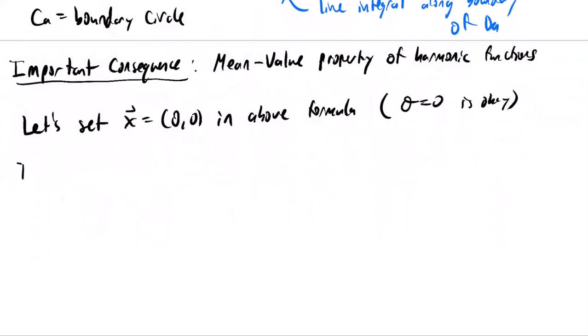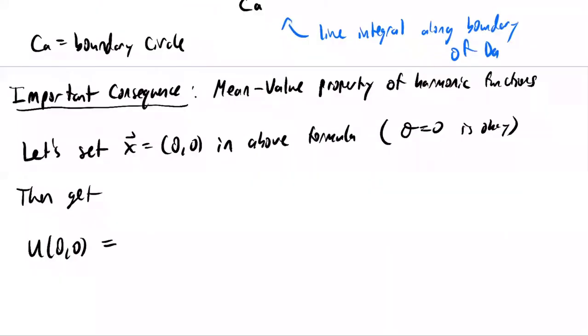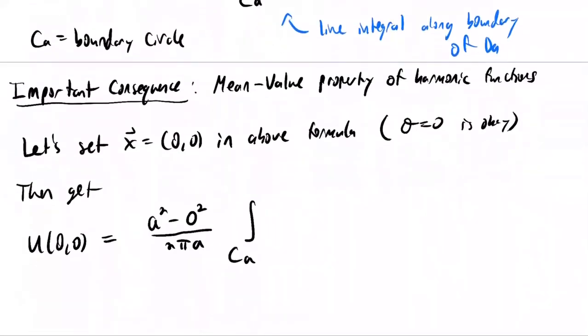Therefore we get u of 0, 0 equal to, well, notice we had this 1 over a factor. Let me just take that out of the integral. Now I'm setting x equals 0. So I get a squared minus 0 squared over 2 pi a times the line integral on the circle of u of x prime.